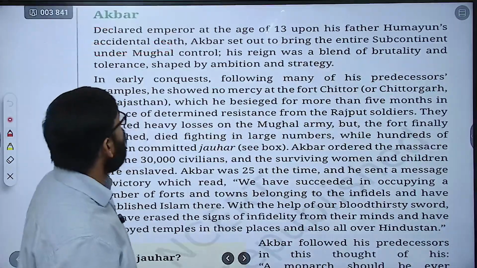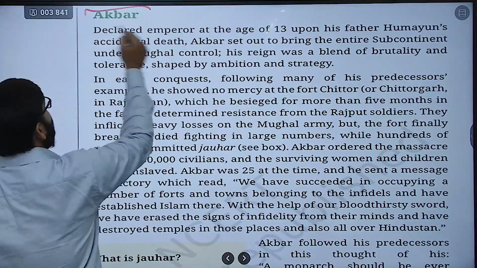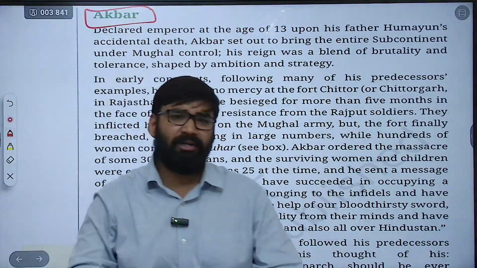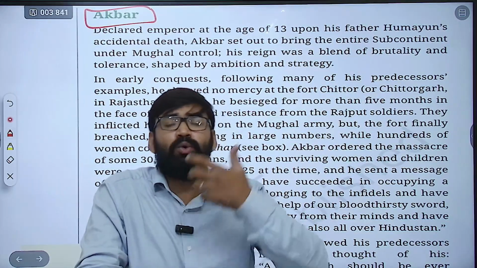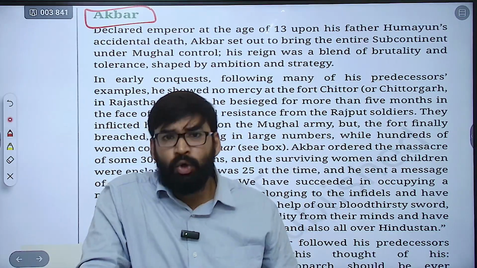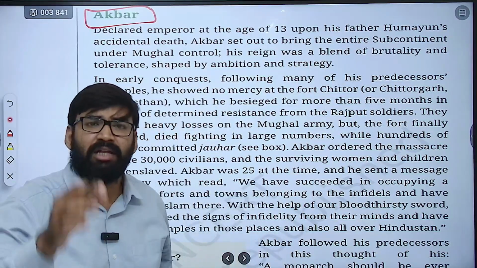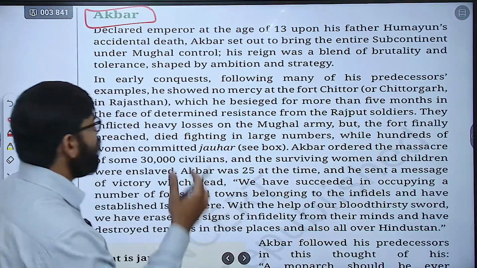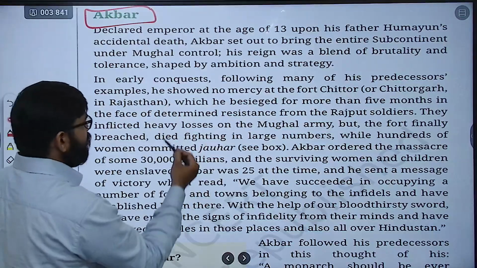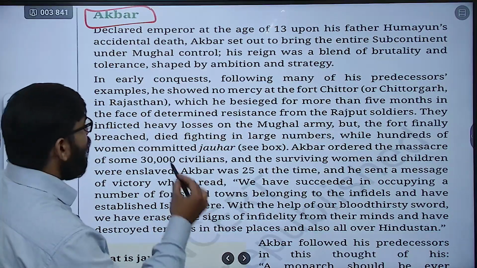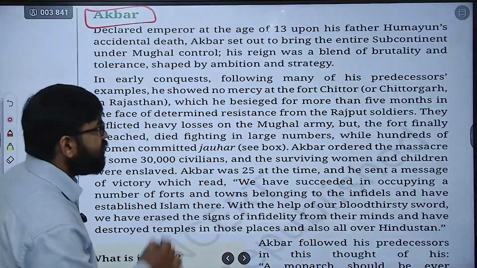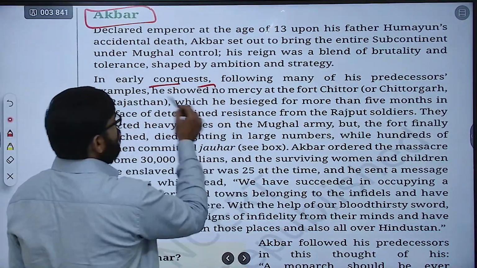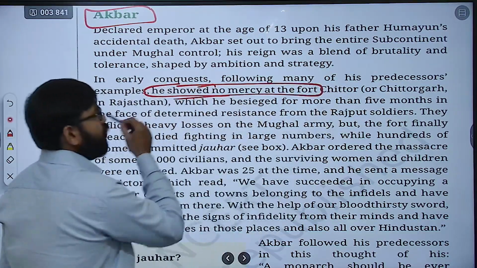Then let's come to Akbar. With respect to Akbar, some perspectives have been changed. Akbar is shown as a mix of brutality and tolerance, who ordered the killing of 30,000 civilians at Chittor. This NCERT mentions that he showed no mercy at Chittor.